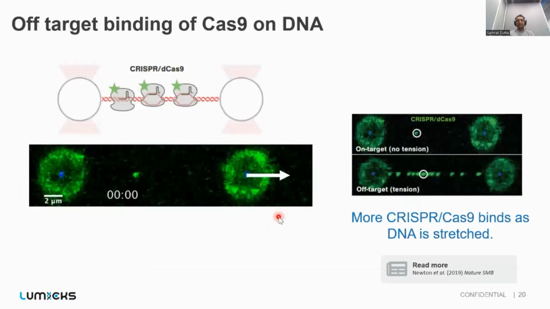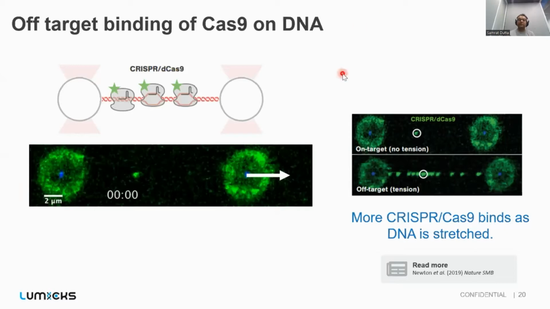So as a case study, I will present to you data where off-target binding of Cas9, or CRISPR-Cas9, on the DNA was studied. I think all of us know that CRISPR-Cas9 is a very popular area of research nowadays because of its application in gene editing, and it could have very important implications, and we want to make sure that the gene editing is very specific.